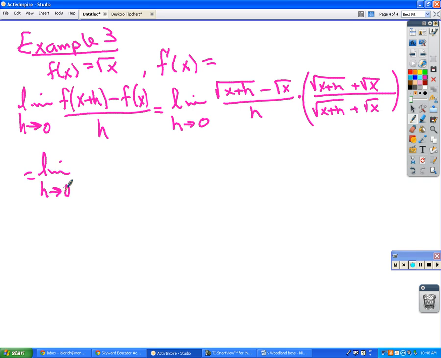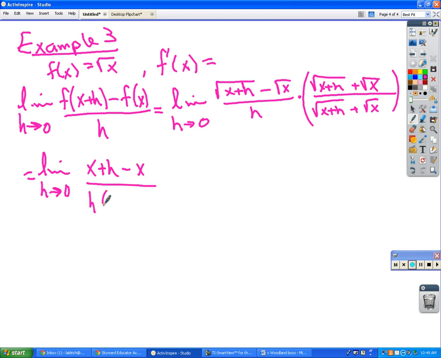All right, so if you FOIL these out, again, the beauty of the complex conjugate is that these two things will multiply together to give us x plus h. The inside and the outside cancel, and then the last times the last is minus x.